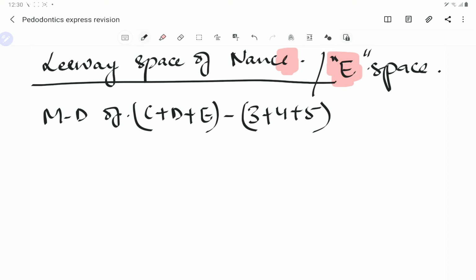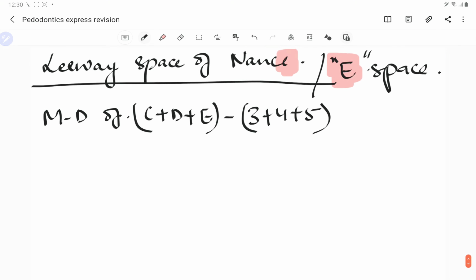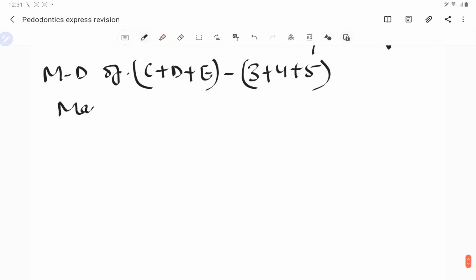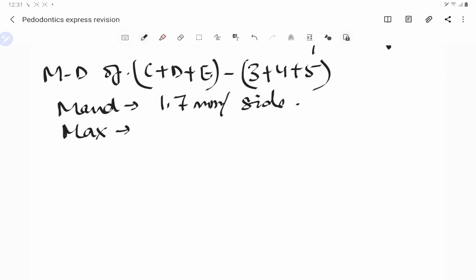Since we get some space from this difference, it is utilized for the eruption of the permanent teeth. This space is more in the mandible, which is 1.7 millimeters on each side, and less in the maxilla, which is only 0.9 millimeters on each side. This is what we have already covered.